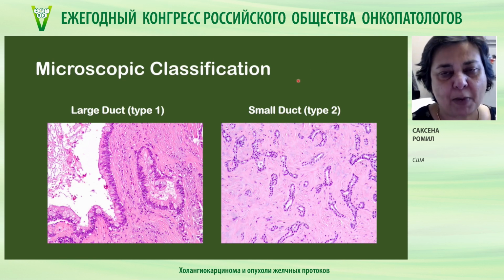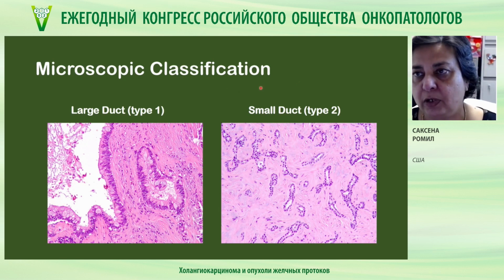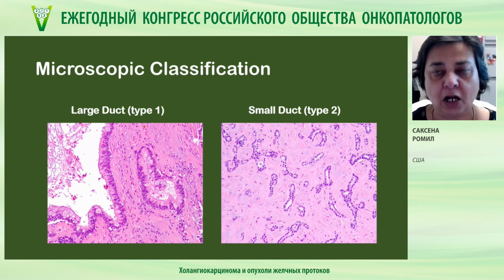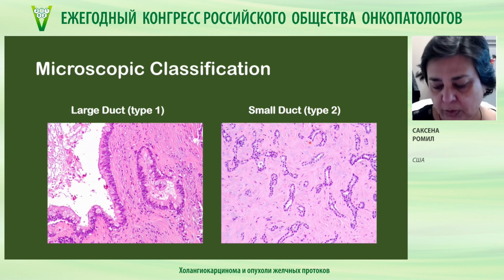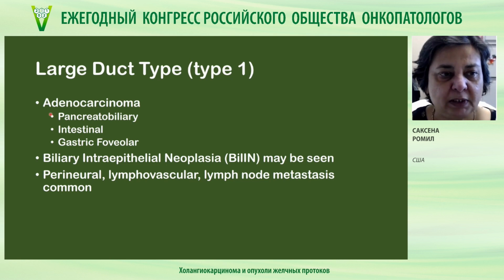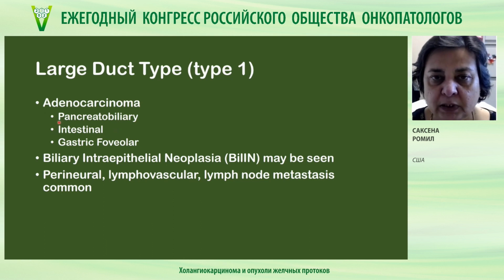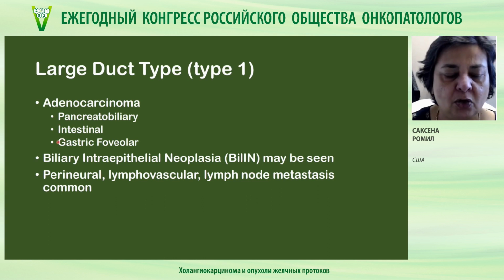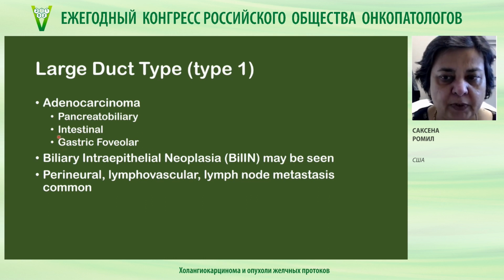Now, as far as the microscopic classification of cholangiocarcinoma goes, there is the large duct type or the type 1 and the small duct type or the type 2. So the large duct type is an adenocarcinoma which may consist of epithelium that shows pancreatobiliary type of differentiation, or there might be intestinal type of epithelium within the cholangiocarcinoma or the gastric foveola.